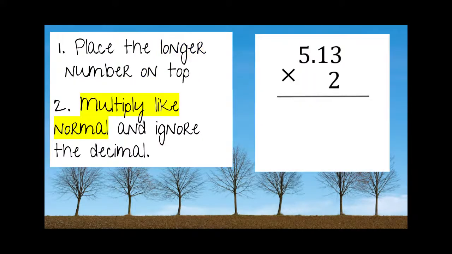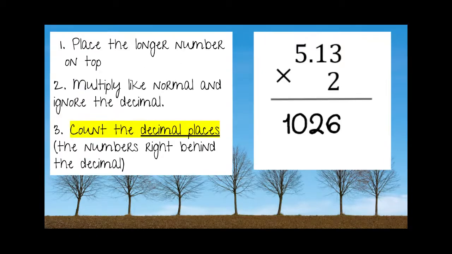The next thing we're going to do is multiply like normal, and we're going to ignore the decimal. So 2 times 3 is 6, 2 times 1 is 2, and 2 times 5 is 10. Now we're going to count the decimal places, which are the numbers right behind the decimal point.